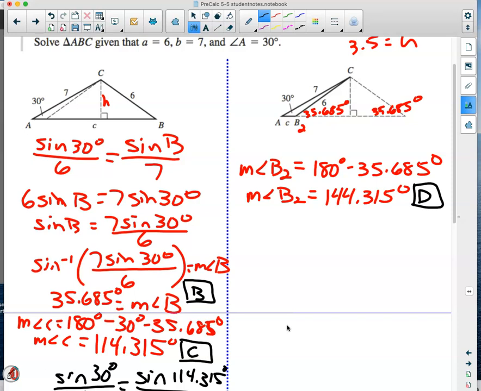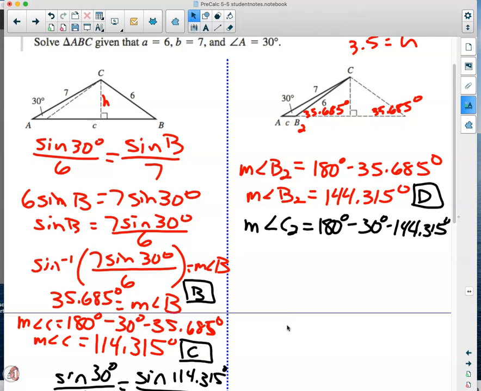So there it is. So now in our little sliver of a triangle, we have the 30, we have the 6, we have the 7, and we have the measure of angle B sub 2 as 144.315, which means I can now figure out the measure of angle C sub 2. Because in that little sliver of a triangle, there's still 180 degrees. And I still know that angle A is 30 degrees. And I know B sub 2, 144.315 degrees.